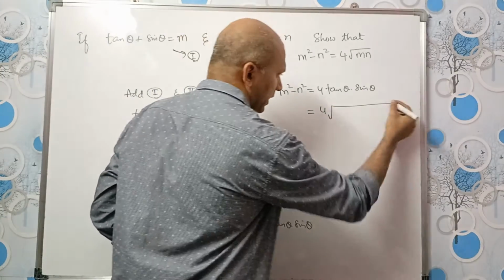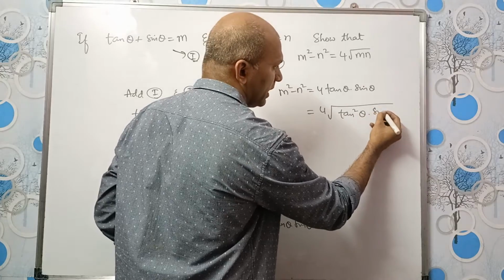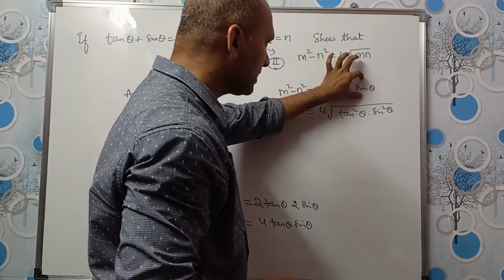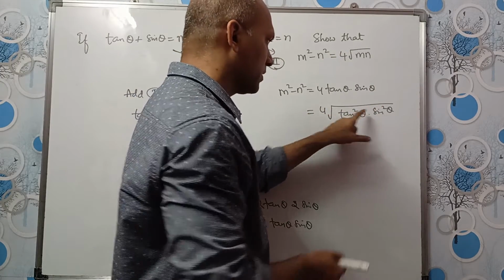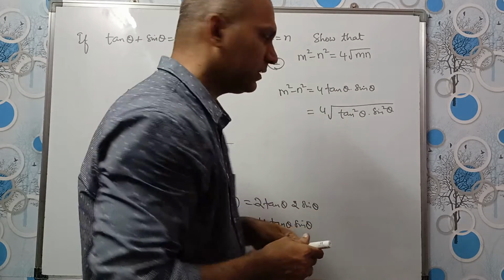Let us write it 4, like this, let us write root and let us write sin square and tan square. See, we have tan and sin. We wrote root and we wrote squares. Square and roots will get cancelled. We'll have tan theta sin theta only, isn't it?